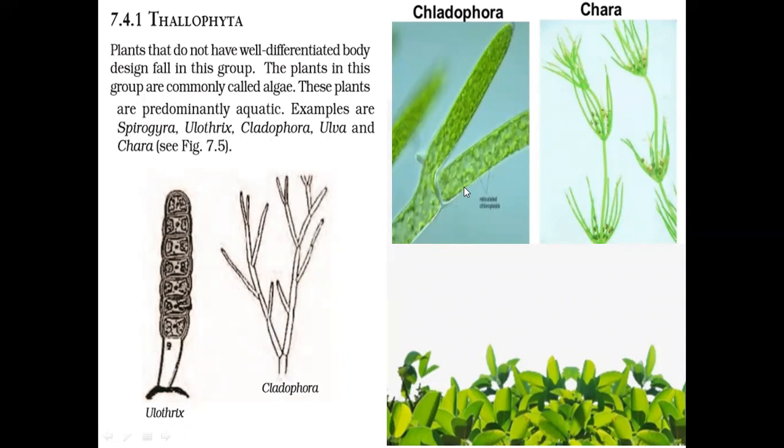Here we can clearly see we cannot differentiate between the stems and so on because it does not have a well differentiated body type, and they are aquatic in nature, usually found in water. These are different types of algae.